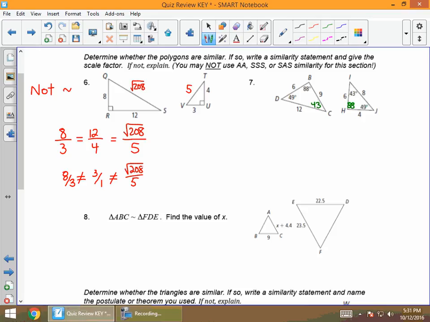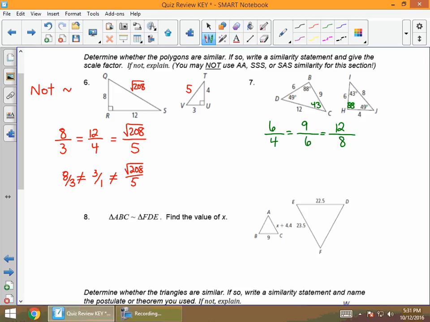So now I just need to check to make sure the sides are proportional. So again, 3 sides. Top of the left triangle, triangle BCD, small to large is 6, 9, 12. And triangle IHJ is 4, 6, and 8.